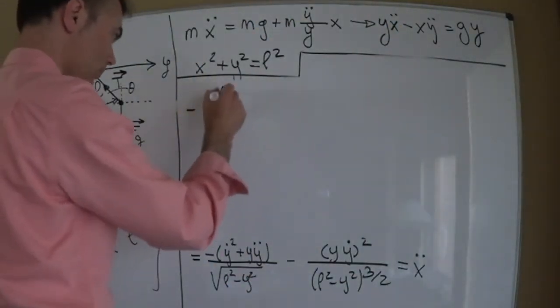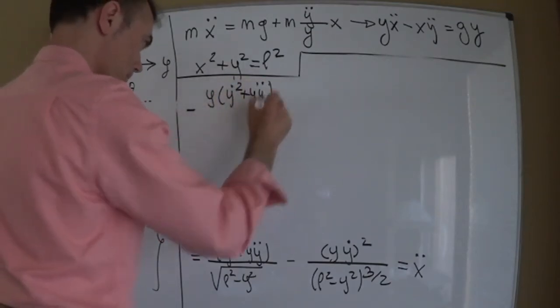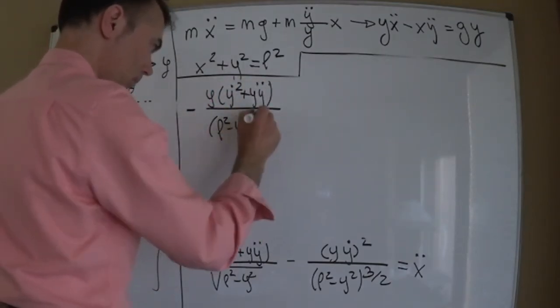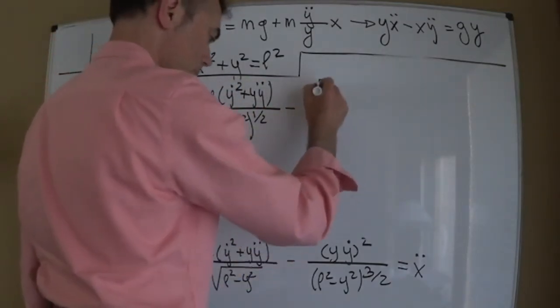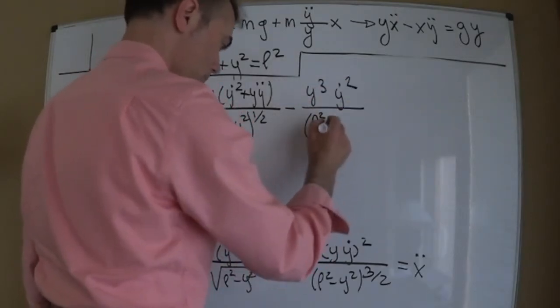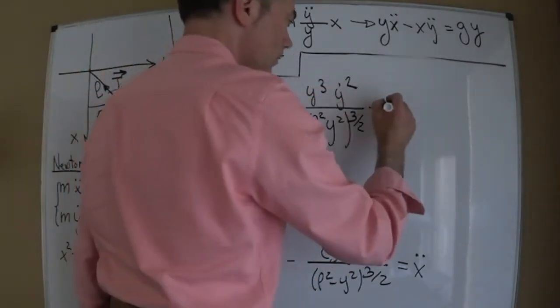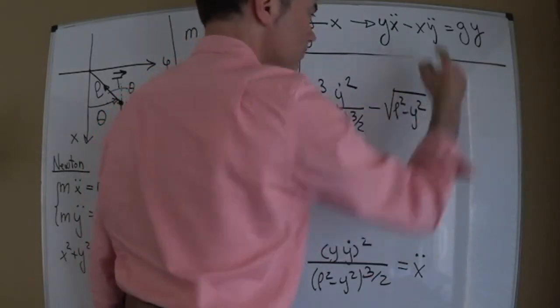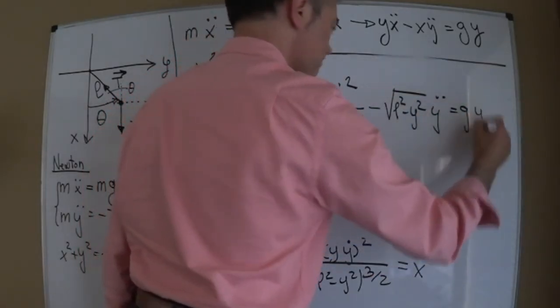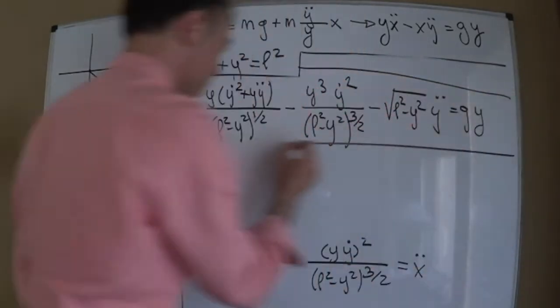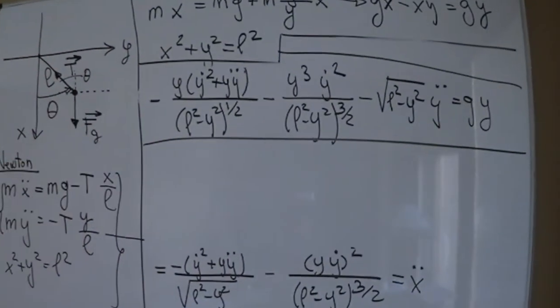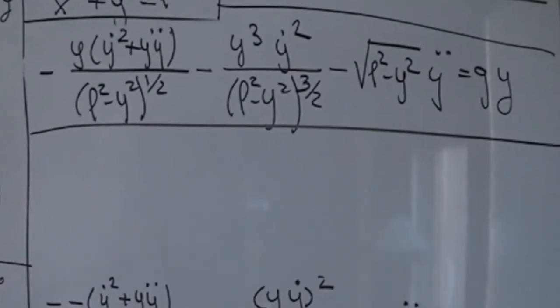After some wibbly-wobbly math stuff, this not so nice equation here is the differential equation of motion of the pendulum in Cartesian coordinates.